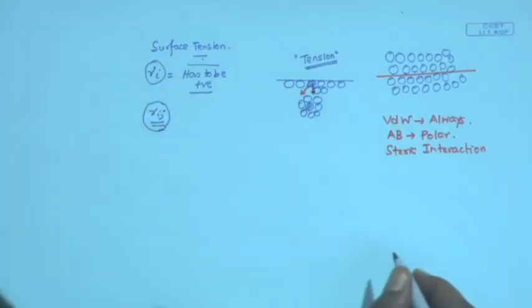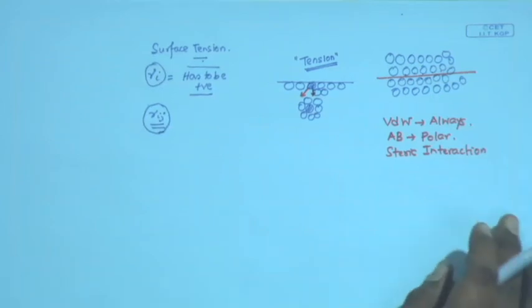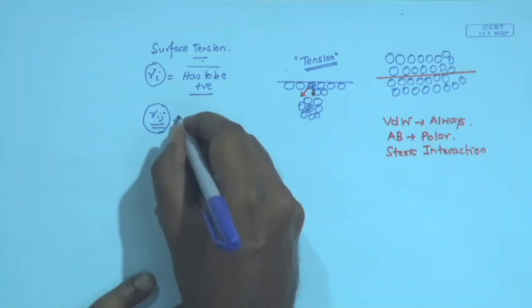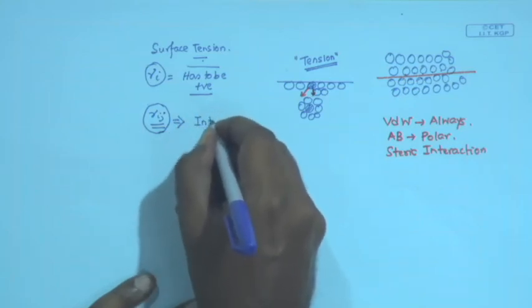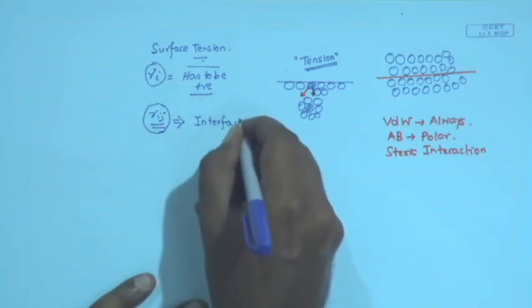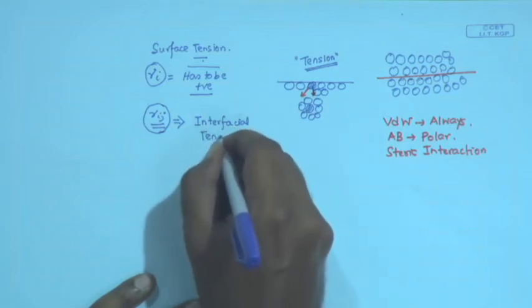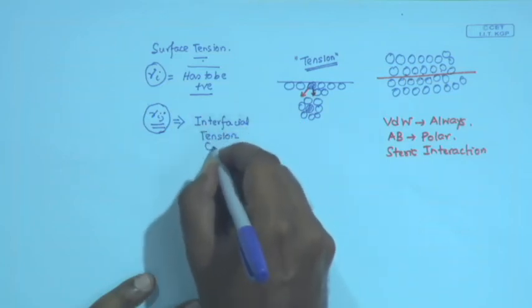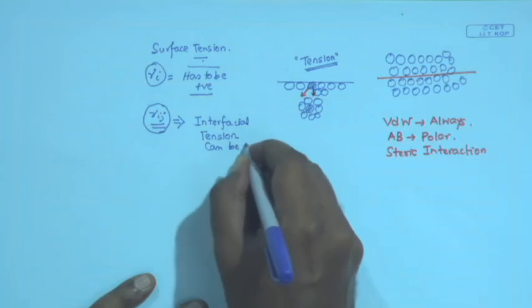And we subsequently started to look at a more detailed molecular level picture of surface tension and interfacial tension, and then we realized that interfacial tension in fact can be negative.